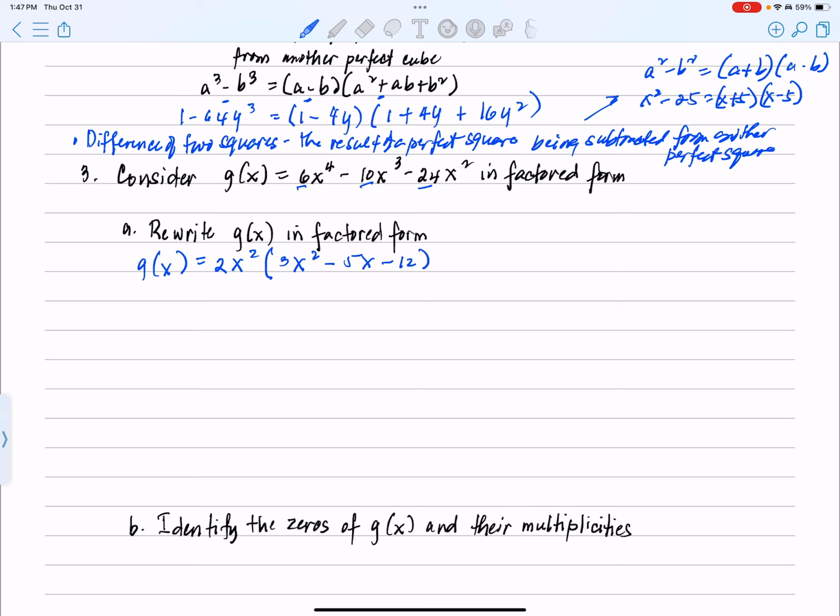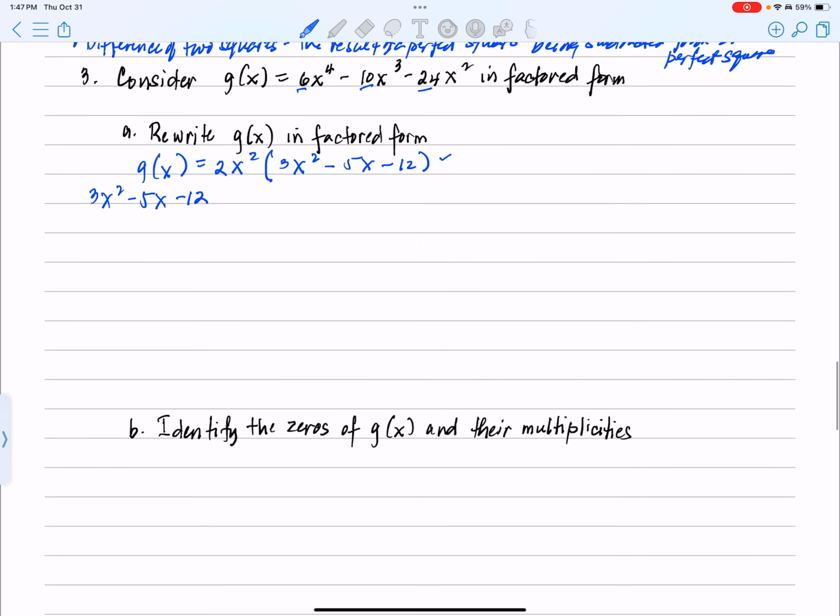Okay. We have to deal with the second factor here. 3x squared minus 5x minus 12, we have to simplify that. We try to factor more. Okay, so by factoring, we cannot use the perfect square trinomial, but the quadratic trinomial.